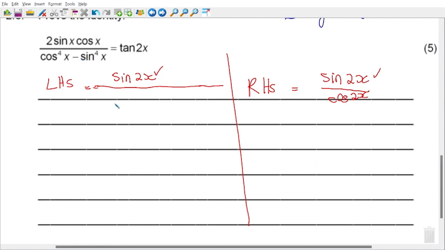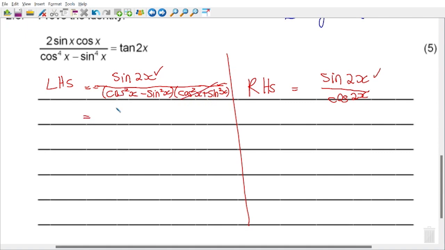So this is cos squared x minus sine squared x multiplied, and as you write that down, you should say, oh, hang on, that's cos squared x minus sine squared x multiplied by cos squared x plus sine squared x. And we know that cos squared x plus sine squared x is 1.